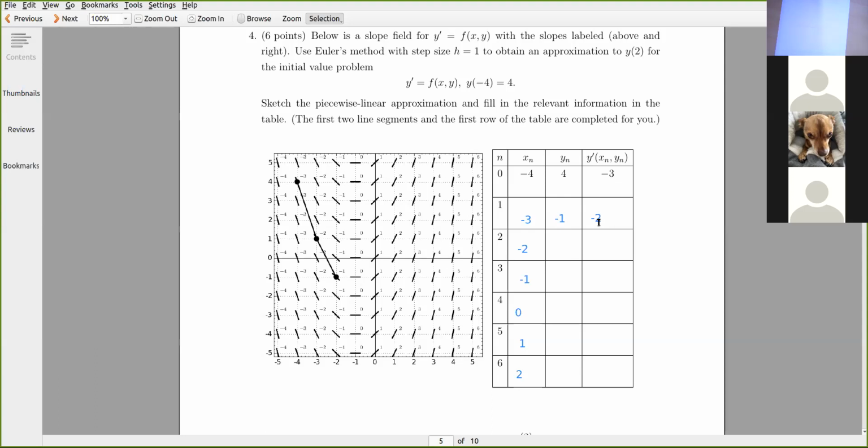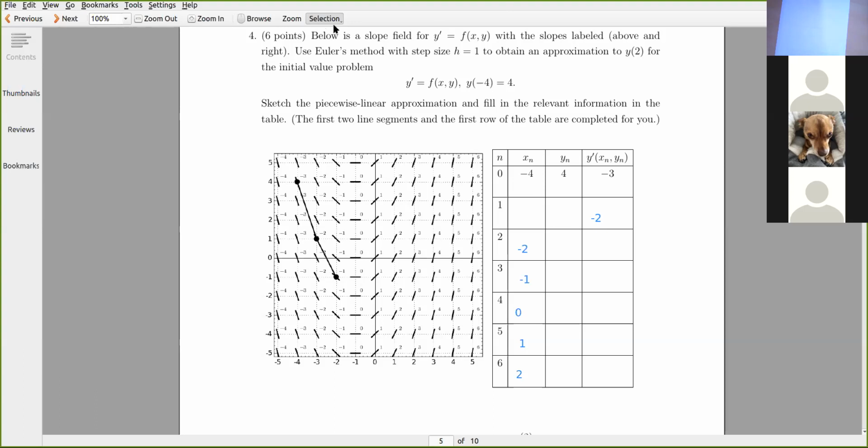Now, since our slope changes to -2 at this point, we want to go over 1 and down 2. So our next point is here. We'll be at -2, and then of course I subtract, I take 1 minus 2, and then we'll be down here. Sorry, that should have been a positive 1.